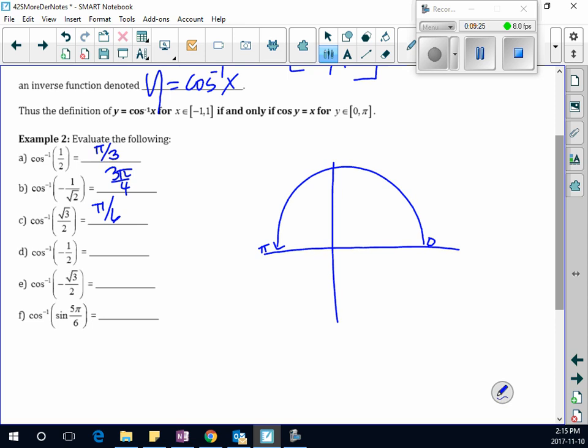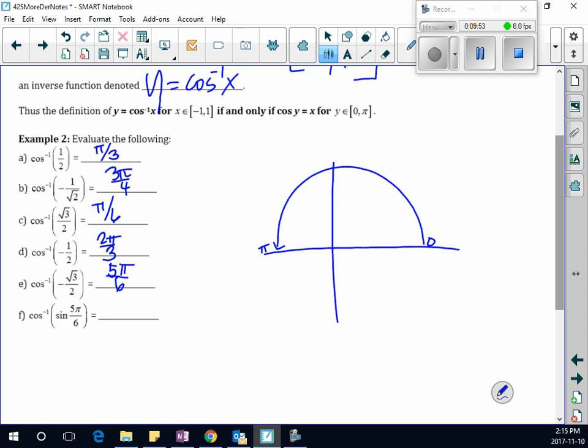Inverse cos of negative 1/2. Okay, so cos is negative over here. So what would it be? 2 pi over 3. Yes, it would be in the second quadrant again. What did you say? 5 pi over 6?